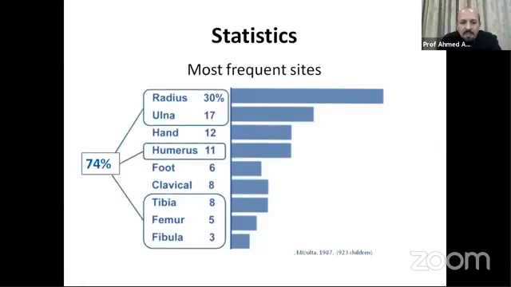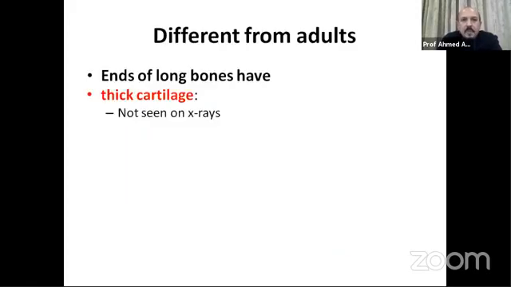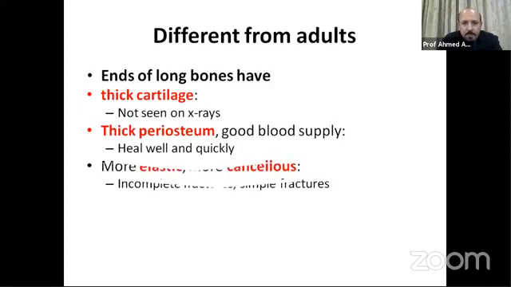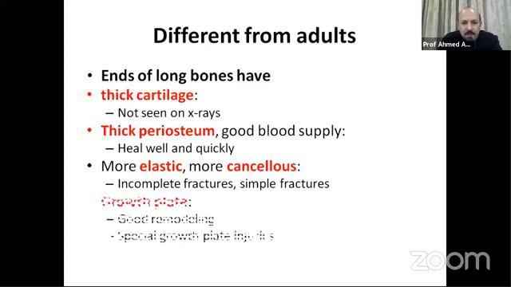Femoral shaft fractures account for about 5% of all pediatric fractures. It differs from adult fractures in that the ends of long bones have thick cartilage, which is not seen on X-rays. The thick periosteum with good blood supply heals well and quickly. The more elastic, more cancellous bone leads to incomplete fractures and simple fracture patterns.